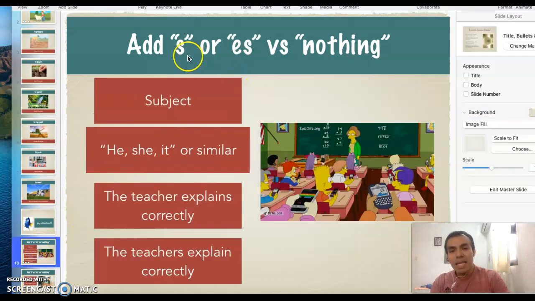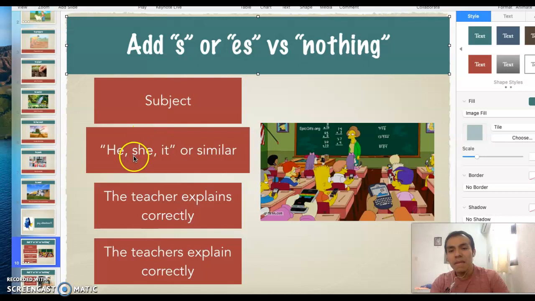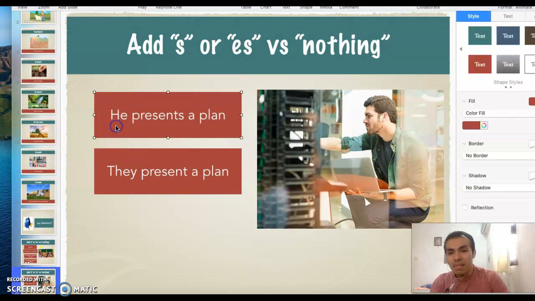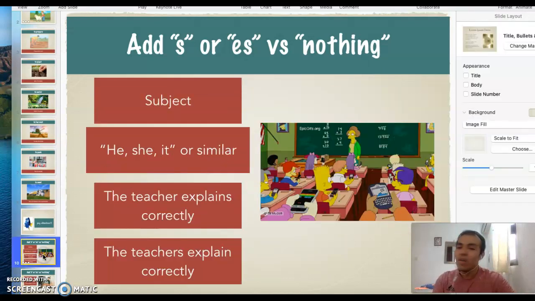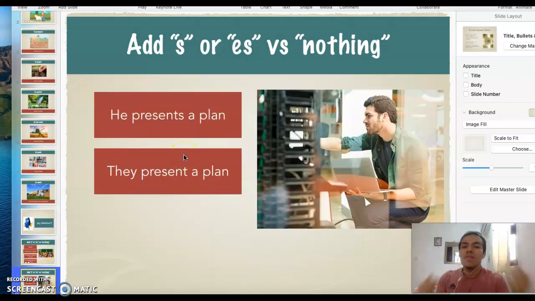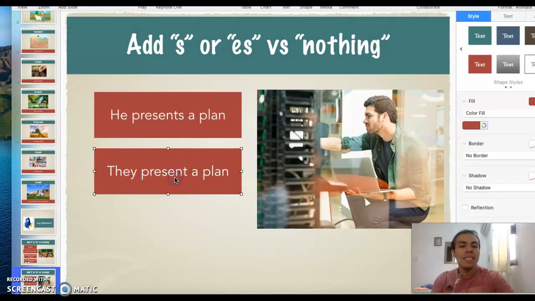Remember, add s if the subject is he, she, or it, or similar. In this example is he. But in the example number 2, they present a plan. The subject is not he, she, or it. It's they. As a result, the verb is present, no s or es.